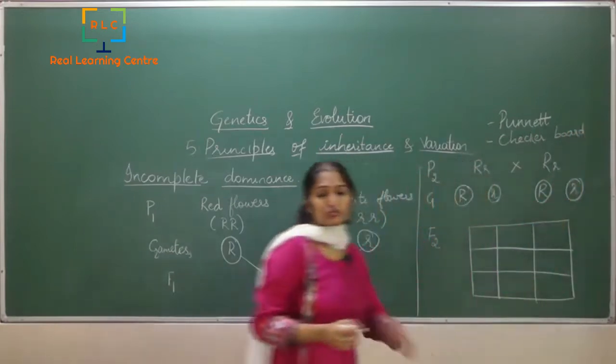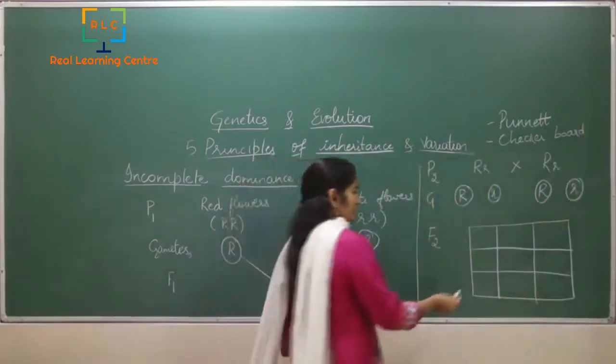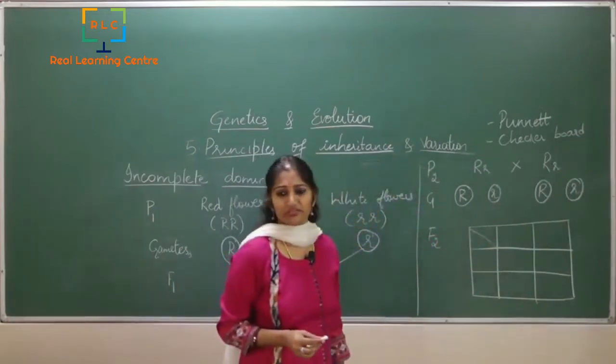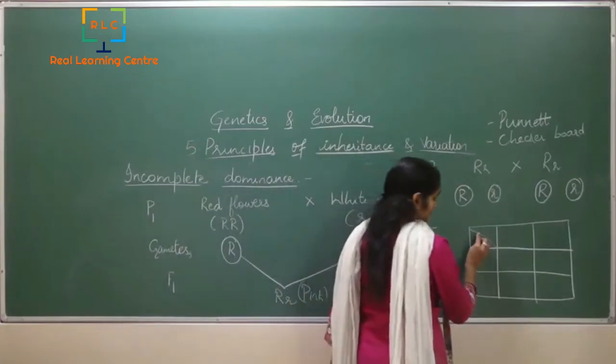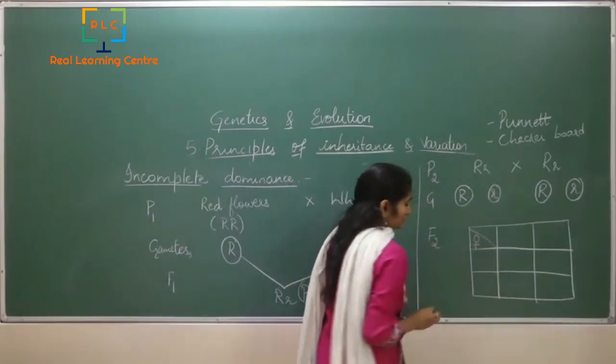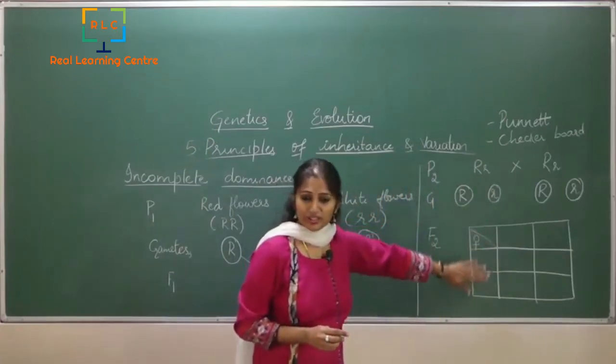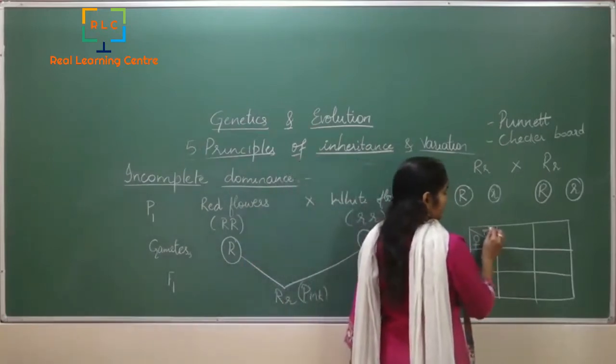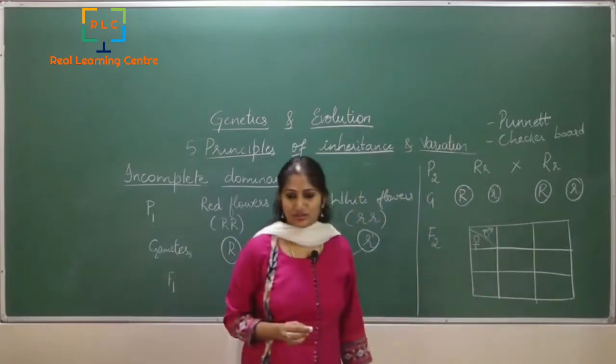Now in the case of a Punnett square or a checkerboard, we will have the female gametes written on one side, then the male gametes written on the other side.